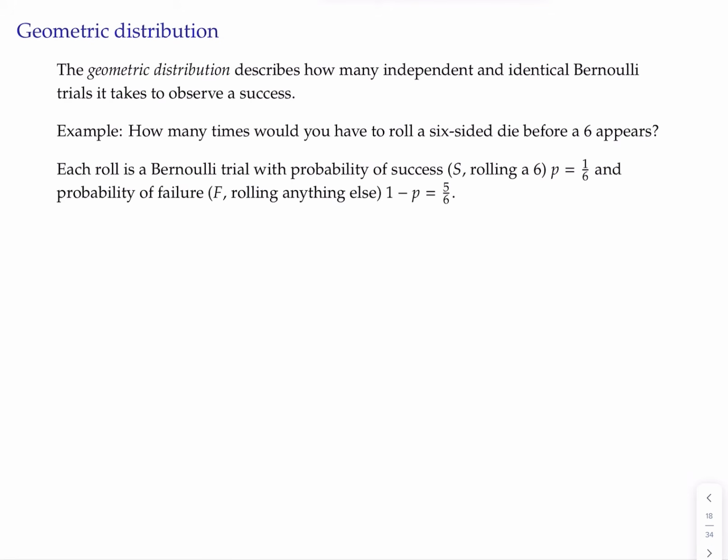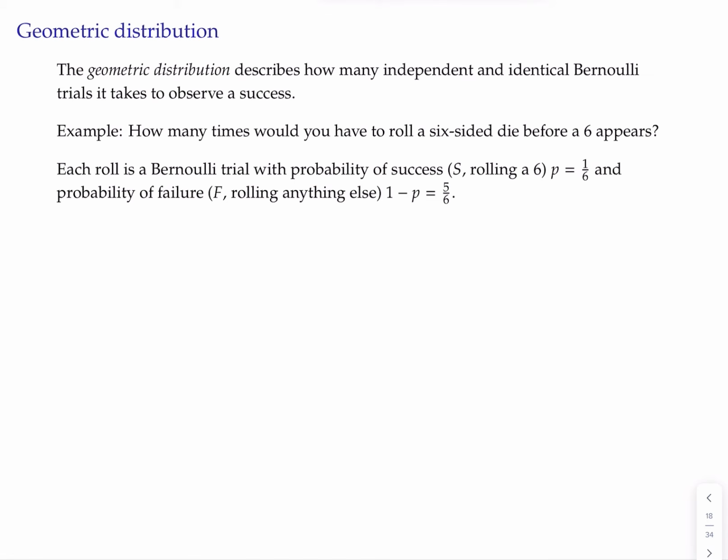The geometric describes how many trials we need to observe the first success. Those trials need to be independent and identical. Flipping a coin is a good example: the outcome of one coin flip doesn't influence the outcomes of other coin flips. They're independent processes, and the odds are the same on every single coin flip. So that's a classic sort of trial.